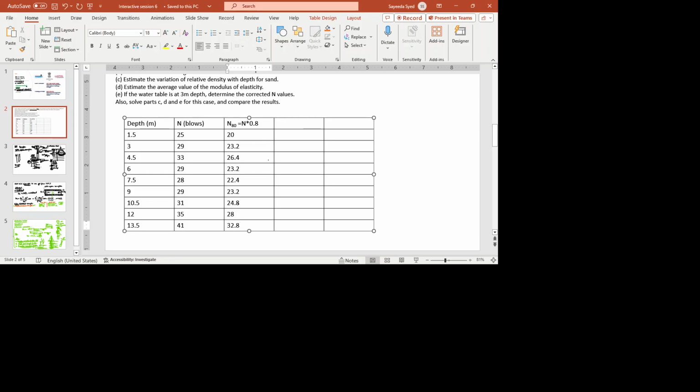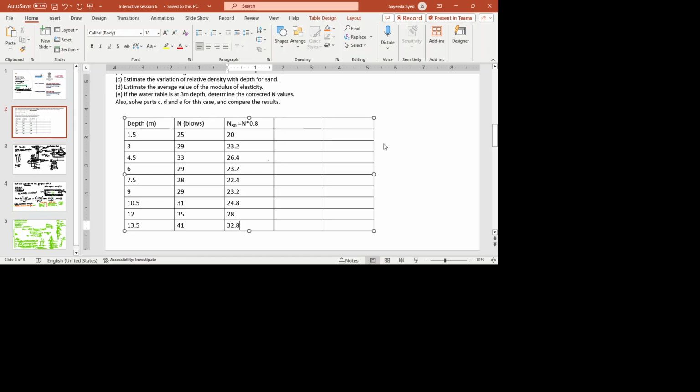So what you must know is that usually we do not take N in points. That is why you will see this in whole numbers, because the number of blows as such cannot be in points. But right now, this is the first correction I'm making. If I convert it to a whole number at every step that I'm taking, my error for the whole calculation will be magnified manyfold.